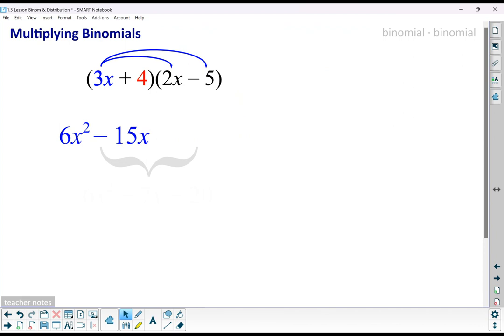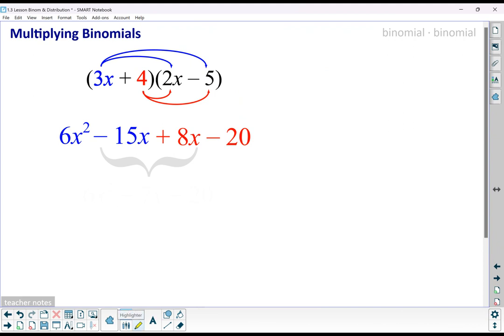The 3x multiplies by the 2x to give me 6x squared, and the 3x multiplies by the negative 5 to give me a negative 15x. So that would complete multiplying by the first term of the binomial, but I also have to multiply by the second term, the 4, and that 4 also will distribute and multiply by both the 2x and the negative 5. So 4 times 2x gives me 8x, and 4 times negative 5 gives me negative 20.